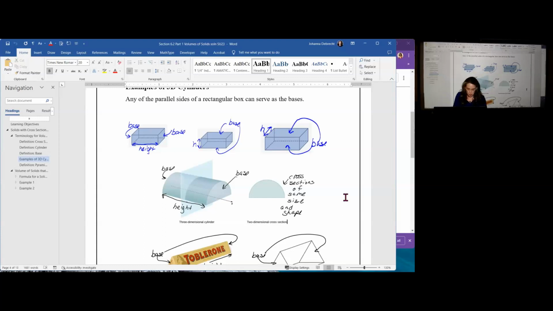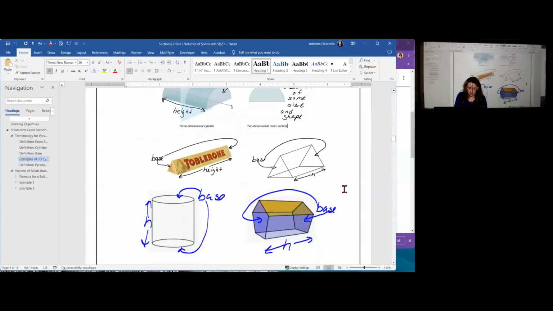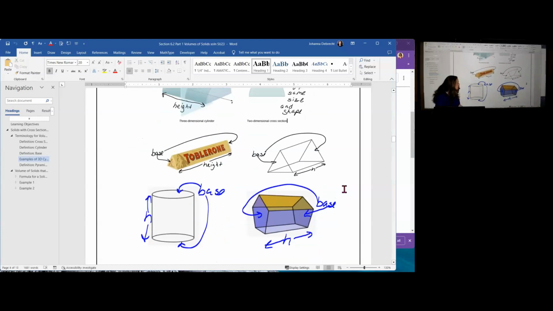When we look at a Toblerone candy box, we can see the same thing happening. The equilateral triangle on either end is the base, and the height is the distance between them, even though it's sitting on a rectangular bottom. Notice again that we're slicing parallel to the bases along the height.